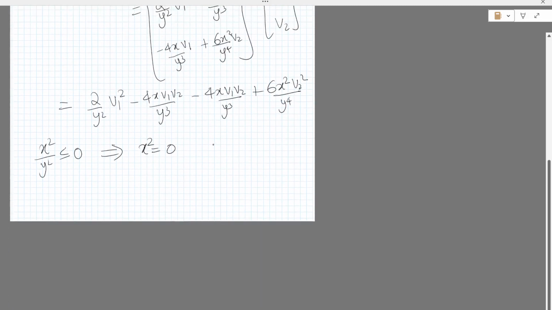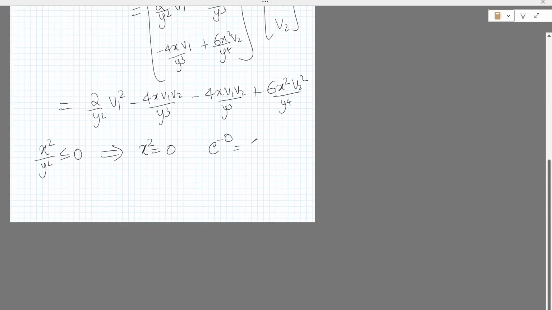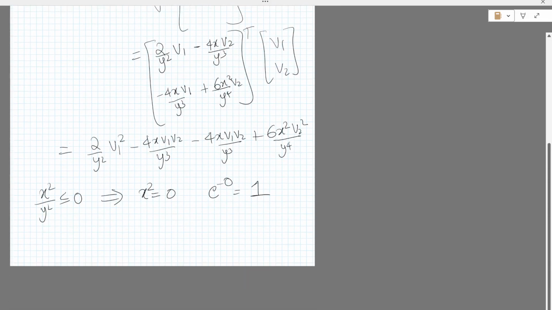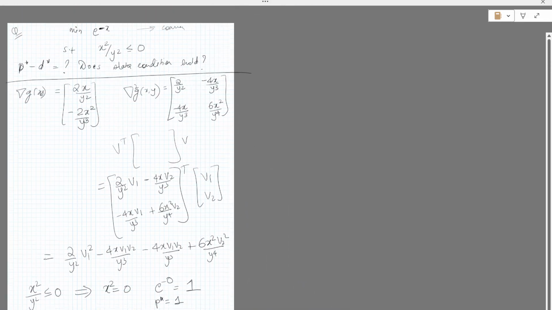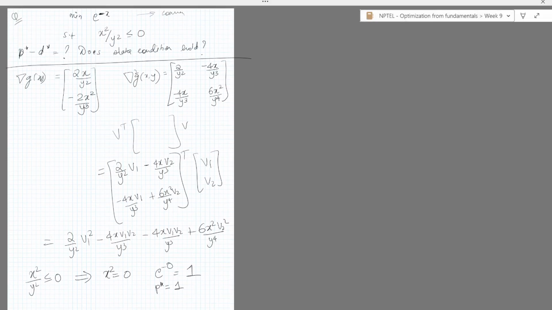So that means e to the power minus 0 is equal to 1. So p star is equal to 1. We can look at the dual.